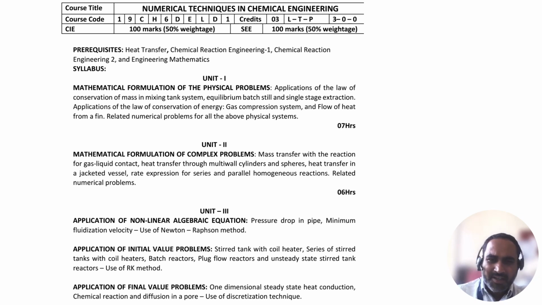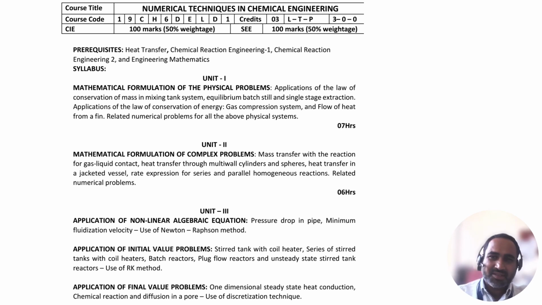Like in unit 1, for example, liquid mixing systems. Suppose there is a liquid mixing system in which there is an inflow of substances and an outflow of substances. For this, first we should write the law of conservation of mass: what is the inflow and what is the outflow? Based on that, we will get one algebraic equation.